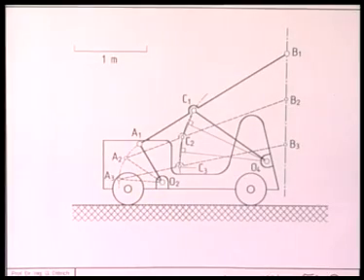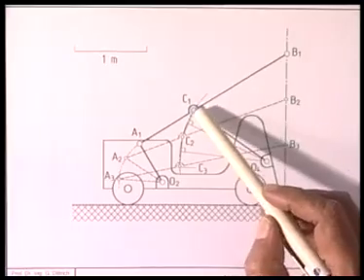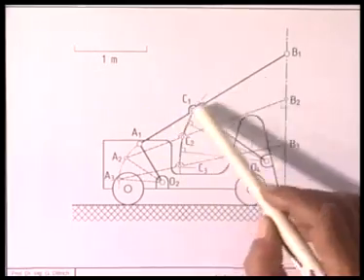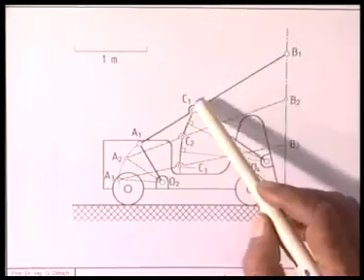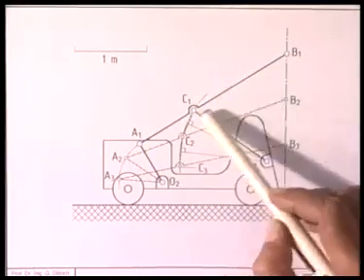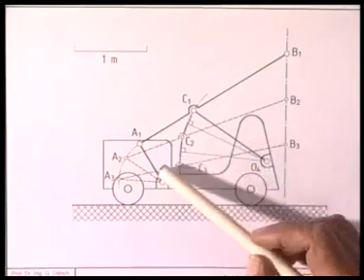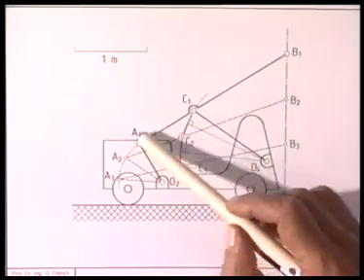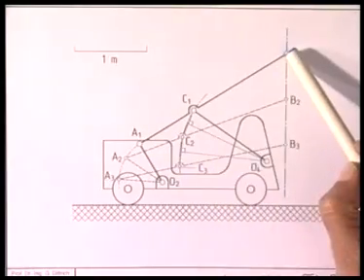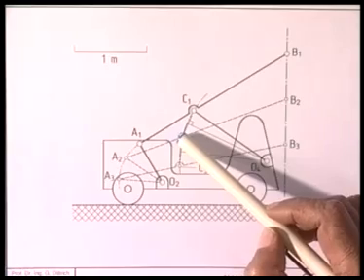This problem we have solved earlier, so without elaborating, let me say I choose C1 somewhere in the middle range of this AB, not too close to A, not too close to B, but somewhere in this middle region. So I have chosen C1. Now when this slider crank goes from O2A1B1 to O2A2B2, C1 goes to C2.